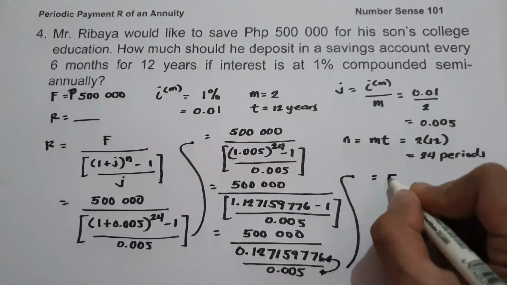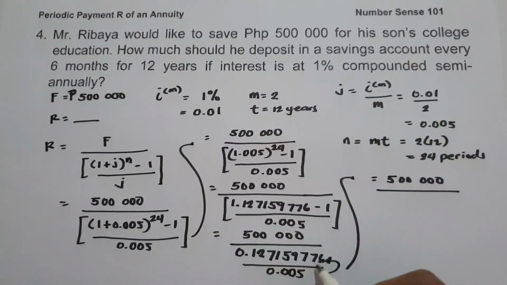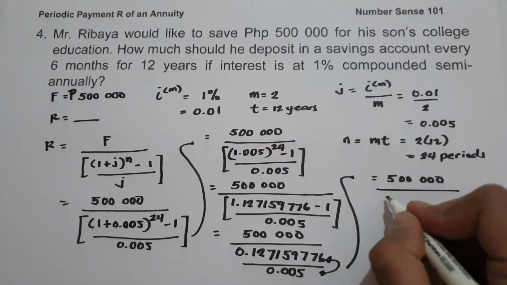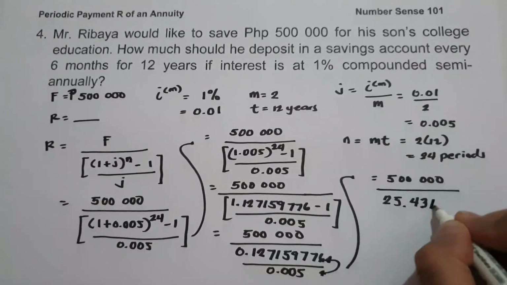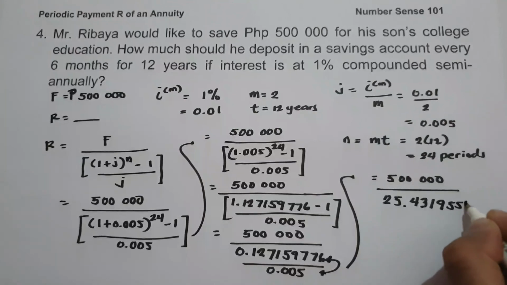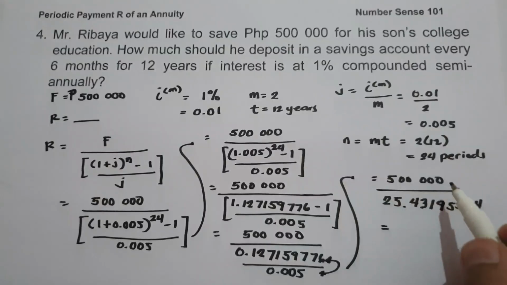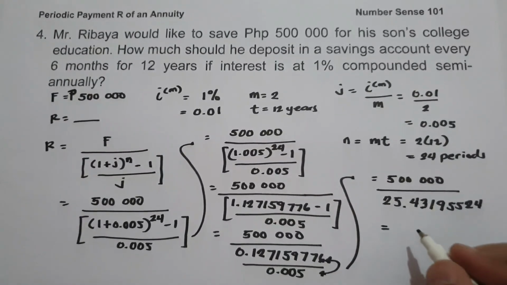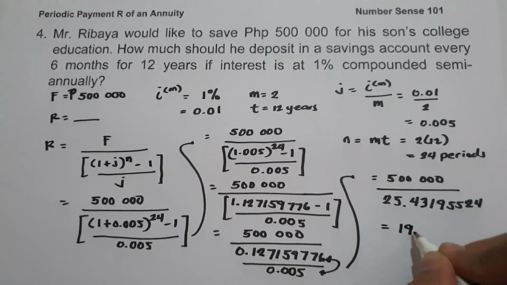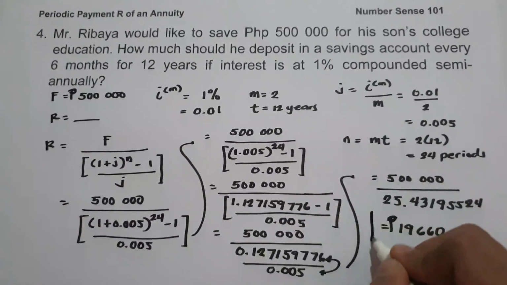So let us write 500,000 over, if we are going to divide this one, it will give us 25.43195524. And finally, 500,000 divided by 25.43195524, it will give us 19,660.31. So this will be our answer.